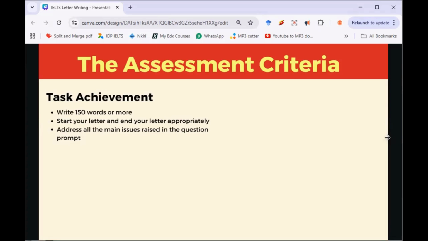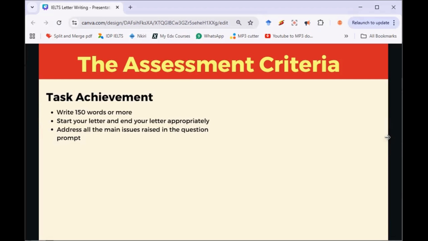Number 2, you must start your letter and end your letter appropriately. And you can see that I've taken the time to show you how to start, dear XYZ, and I've shown you how to end your letter. Number 3 thing to ensure that you get a high rating when it comes to task achievement is that you should address all the main issues raised in the question prompt.